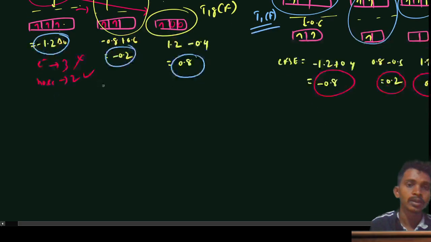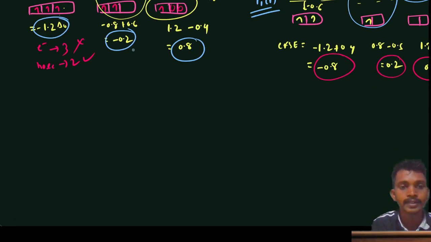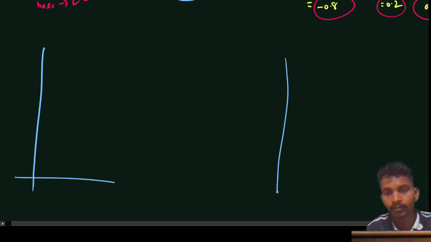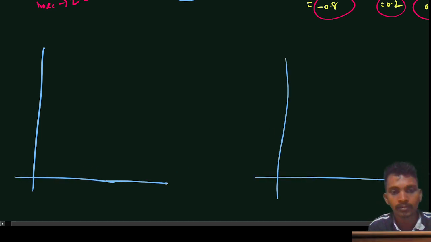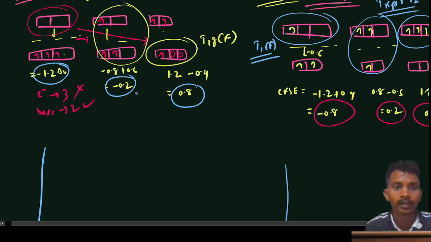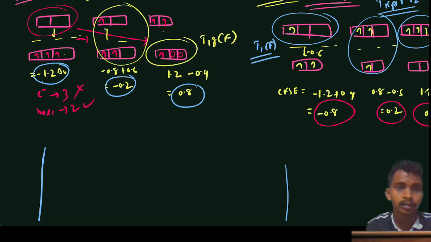So now we will draw the Orgel diagrams for both cases. Here the ground state is at 1.2, that is for A2, octahedral case.